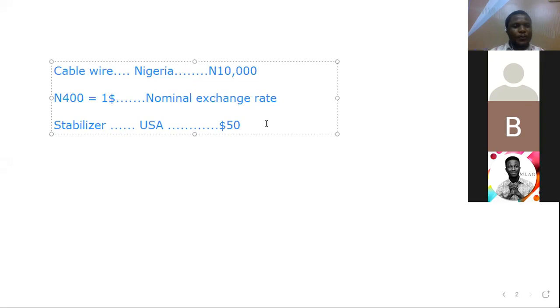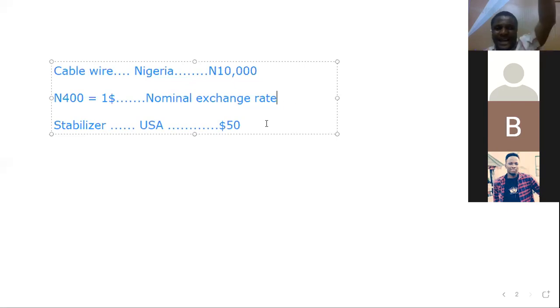Remember that the nominal exchange rate is how many naira do I need for a dollar? The real exchange rate will now be how many naira do I need to exchange my cable wire for stabilizer.